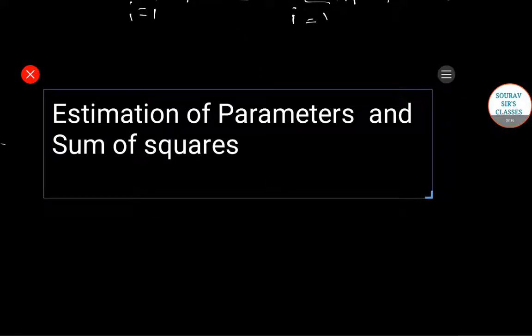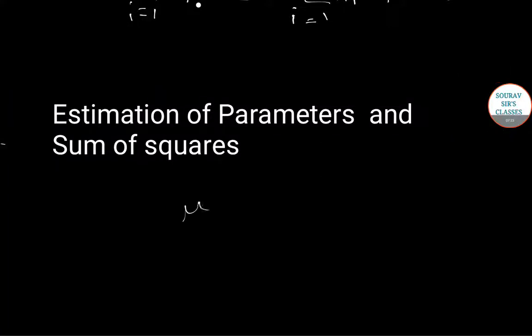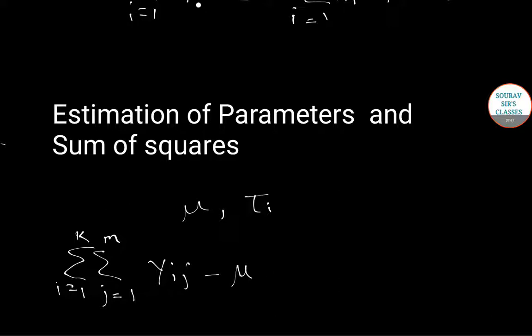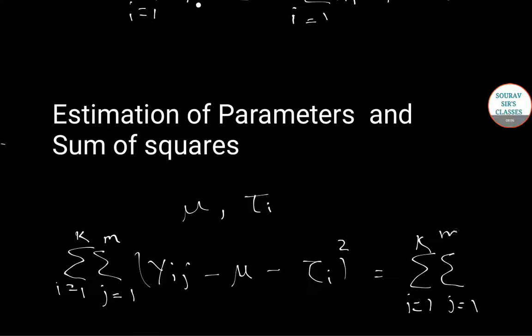Estimation of parameters and sum of squares. The least square estimation of μ and Ti can be obtained by minimizing this equation: double summation, where i equals 1 to k and j is equal to 1 to m, of Yij minus μ minus Ti, squared, which is the sum of squares of error, that is, double summation of Eij squared.